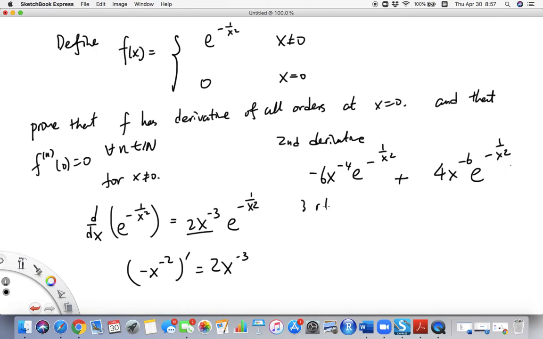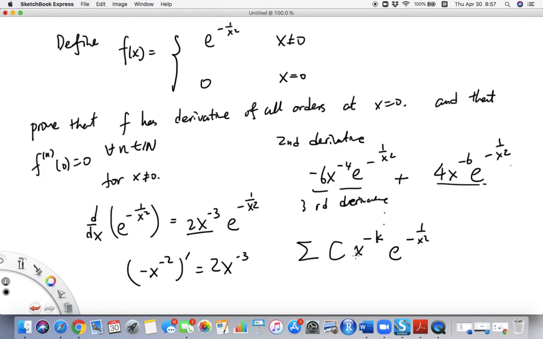And for the third derivative, you further use product rule and chain rule. So in any case, it's always a sum of some constant c times x to the minus k times e to the minus 1 over x squared. It's always in this form, as you can easily see.